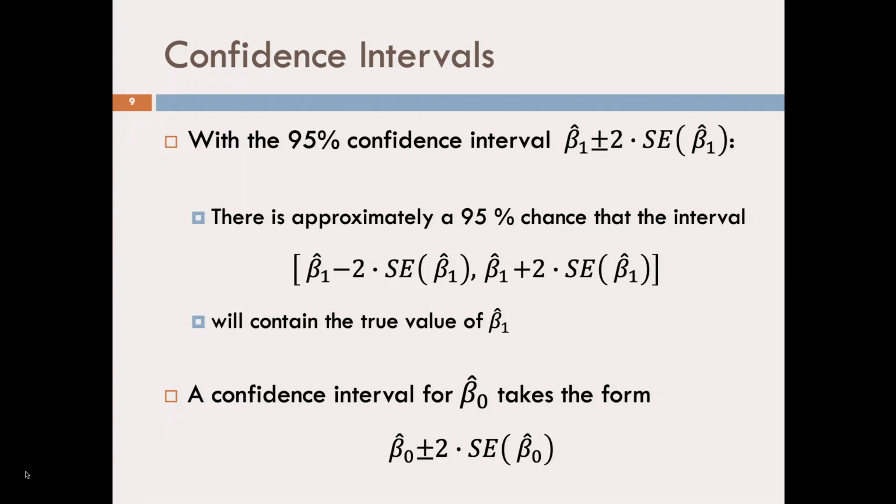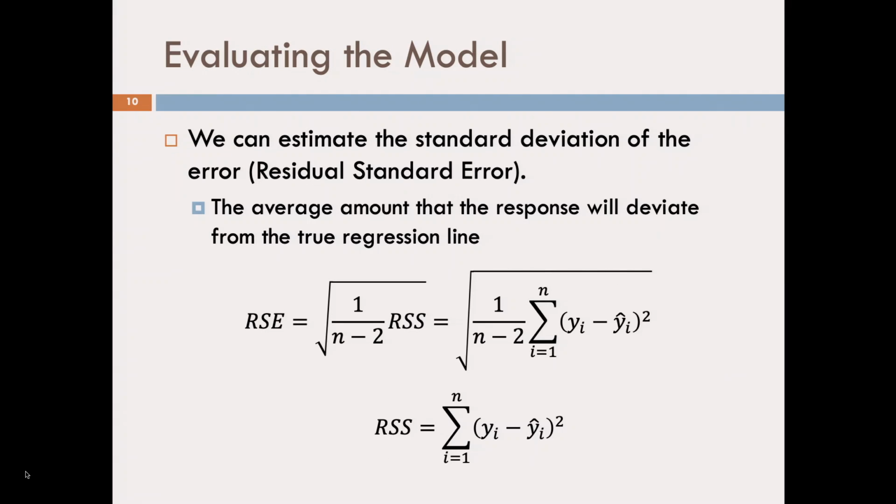Okay, and finally we can evaluate our model. We can estimate the standard deviation of the error, what we call the residual standard error of our model. I mean, getting the difference between the estimated y and the true y. So what we are doing here is getting the average error, okay?